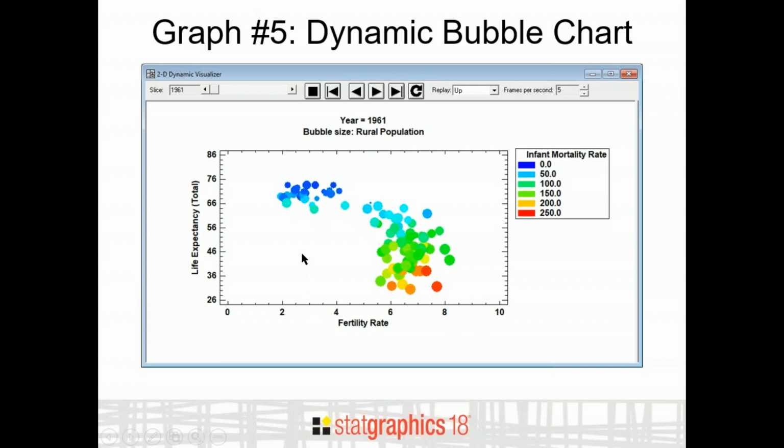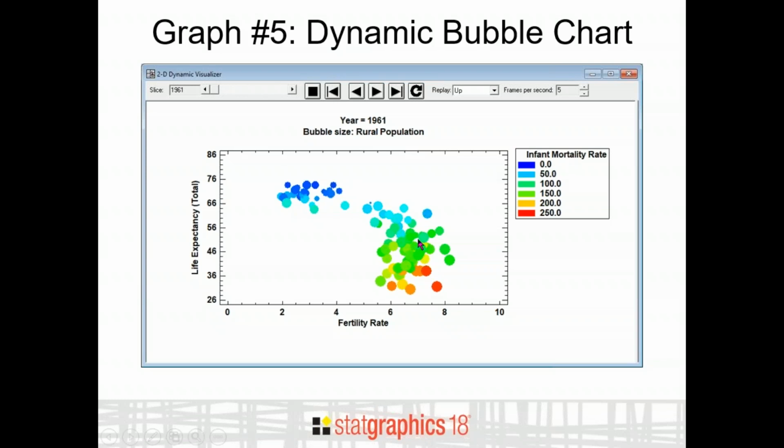Average number of children per woman was about 3. Infant mortality relatively low. And the rural population also relatively low. These bubbles are a lot smaller than most of the bubbles over here.